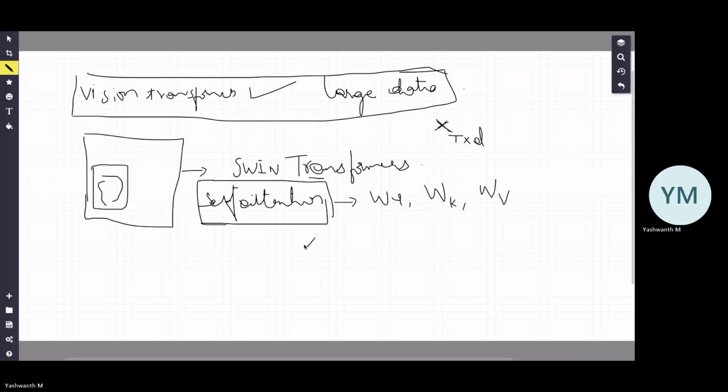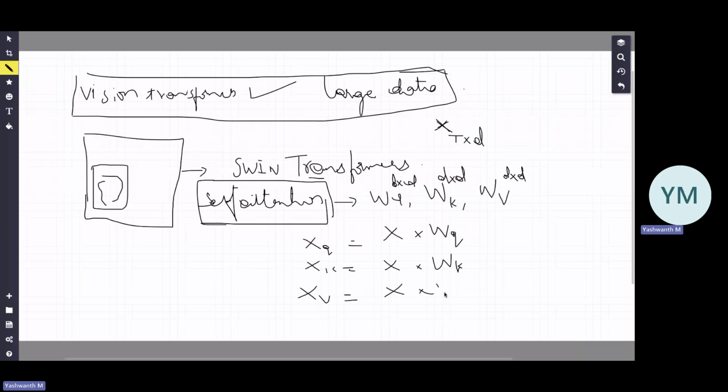Here we do the following transformations: X times WQ, where each can be assumed to be D cross D. Key tokens are obtained by parameterizing by the key matrix, and value tokens are obtained by parameterizing by the value matrix.